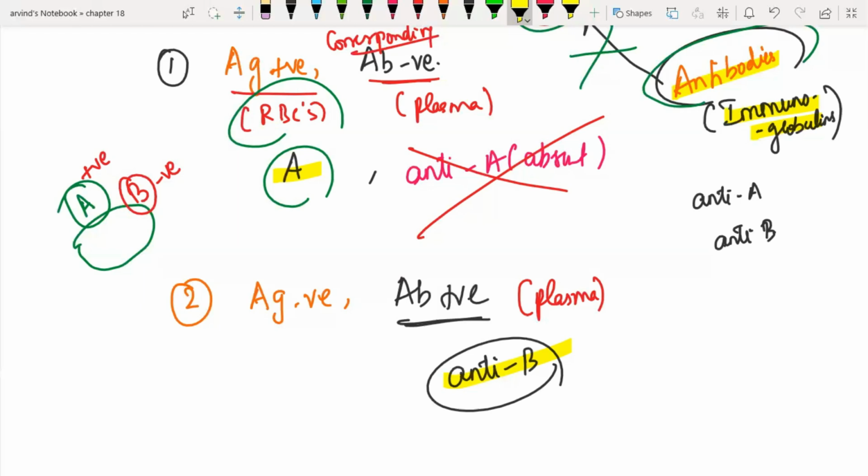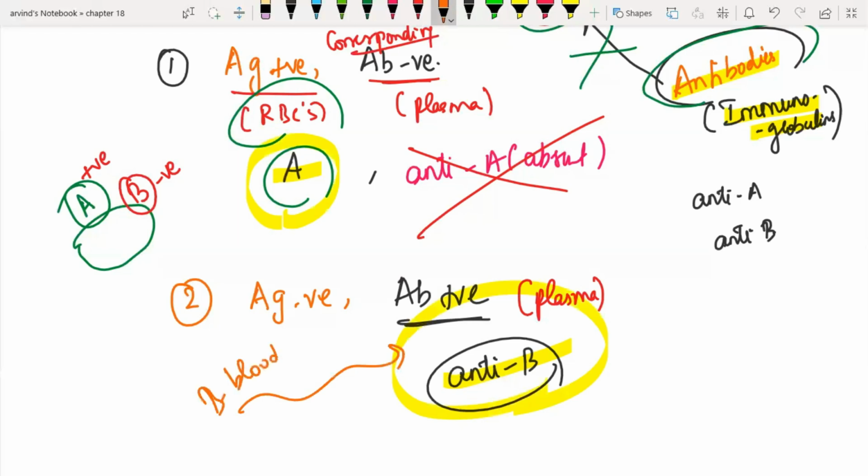Because a patient with A blood group will have anti-B antibodies. If I choose a donor as B blood group, it is of no use because my donor's blood RBC contains B antigen that will be precipitated by the anti-B antibodies present in the plasma.